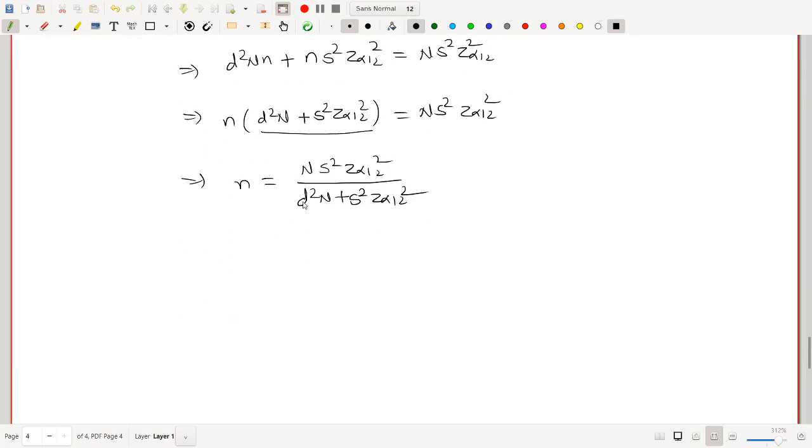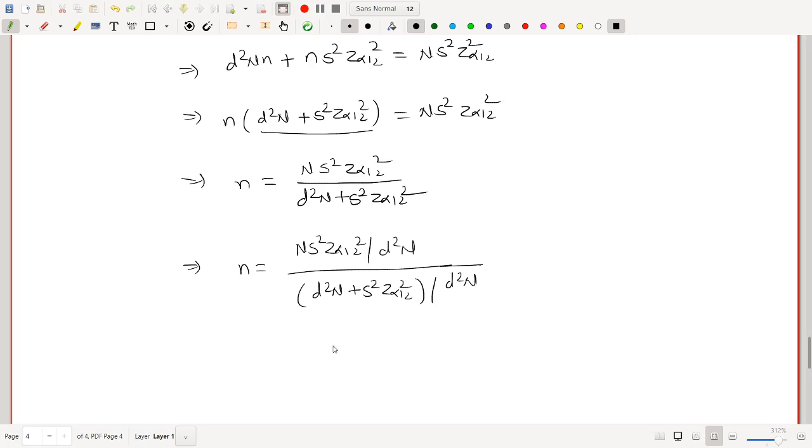Now divide numerator and denominator of this side by d square N. Then capital N gets cancelled.